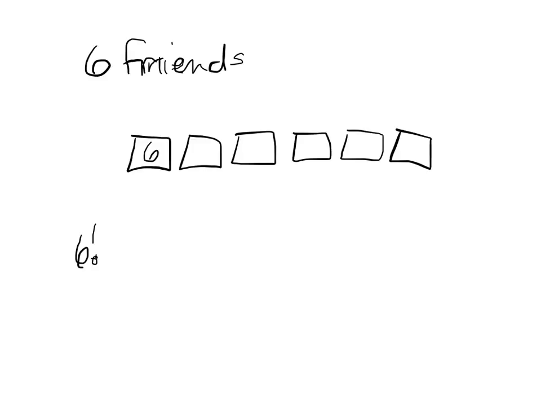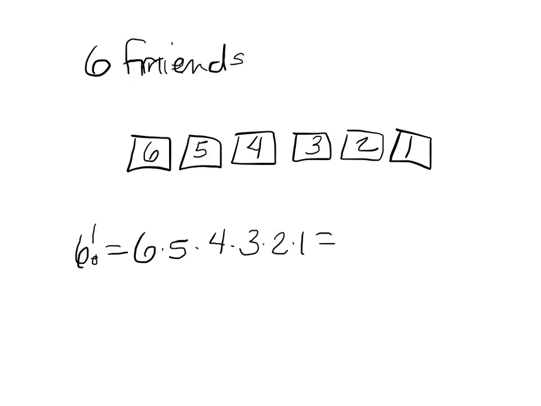Once someone sat down, we have 5 people left. Once someone sat down, we have 4 left, and then 3 left, 2 left, and 1 left. So 6 factorial is going to be all of those multiplied together. Let's see, 120, I have no idea. 720, I think. I could be wrong. I probably am wrong. But anyway, I think it's 720.